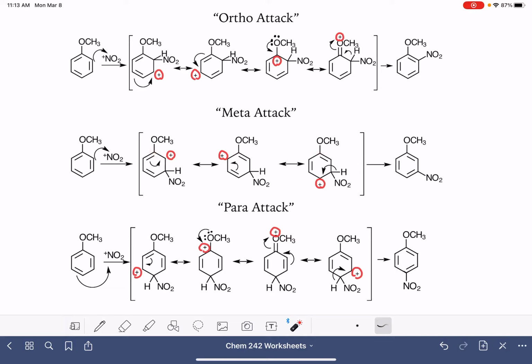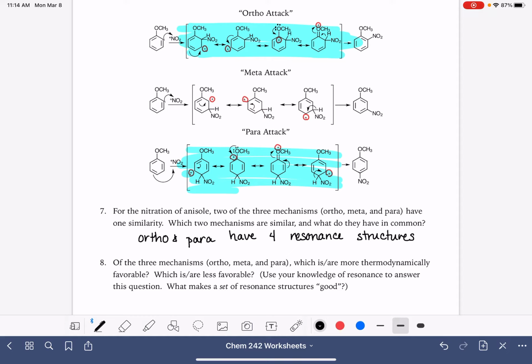Now our next question, just like on the last worksheet: which mechanisms are more favorable, and which are less favorable? Well, the more resonance structures you have, the better things always are. So the more favorable reaction in this case would be ortho and para, again, because of the 4 resonance structures.